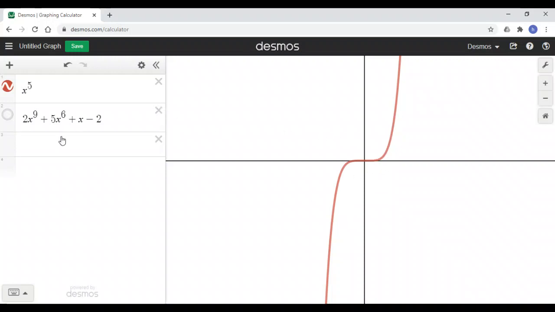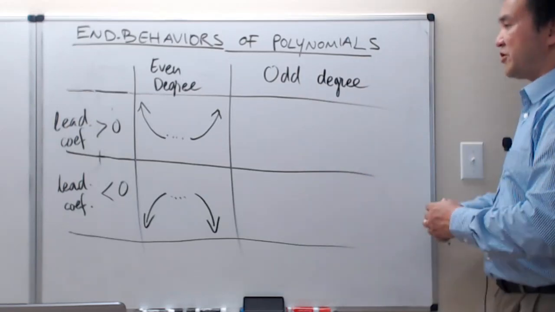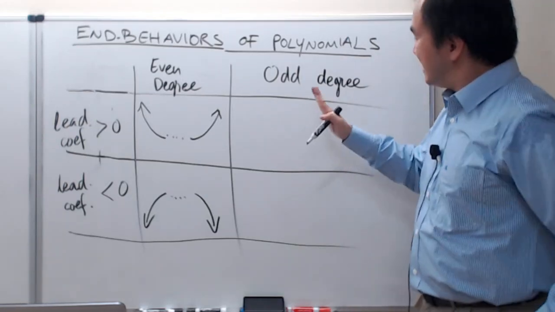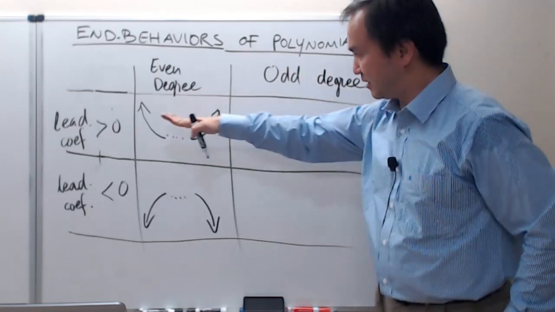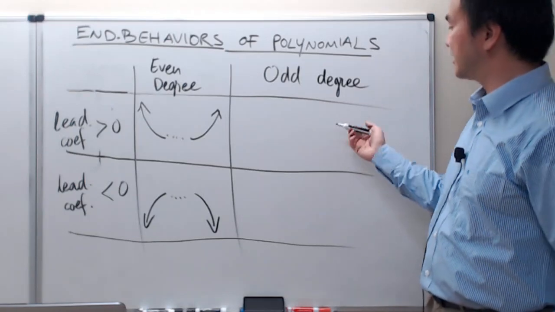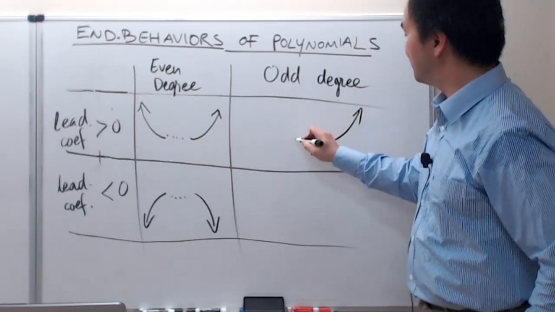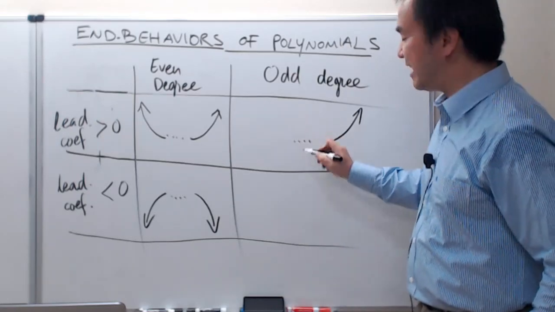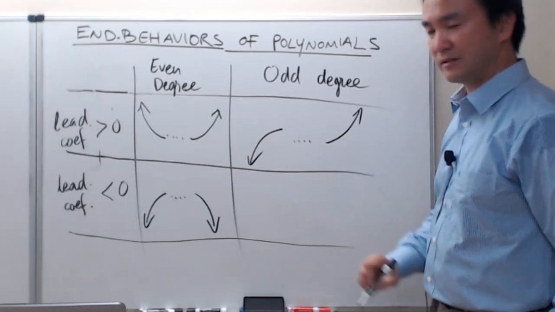So now we are once again ready for a general conclusion here. Back to this chart. For polynomials that are odd degree combined with a positive lead coefficient, the right end points up, and whatever is going on in the middle body of the graph is not our concern, but the left end points down.